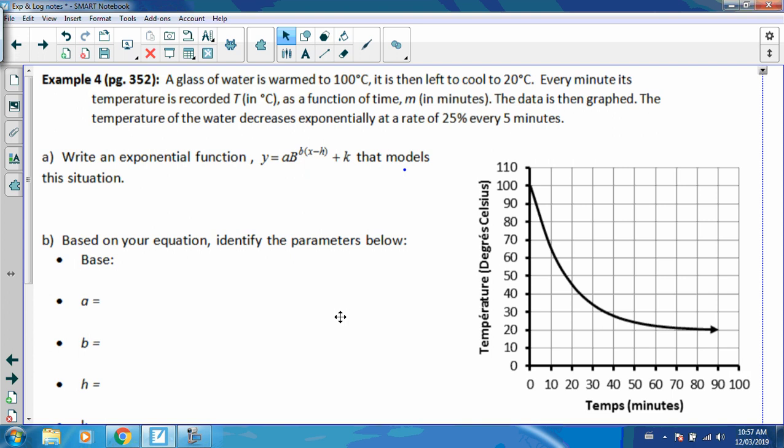The data is then graphed, so you have a picture of the graph over here, and the temperature of the water decreases exponentially at a rate of 25% every 5 minutes. So what I'd like you to do is think about how you would write an equation to model this scenario. We're decreasing at a rate of 25% every 5 minutes. This is our starting temperature. So think about that one.